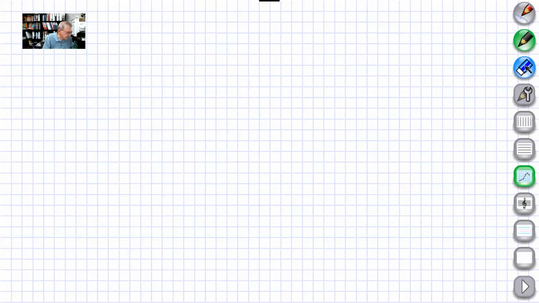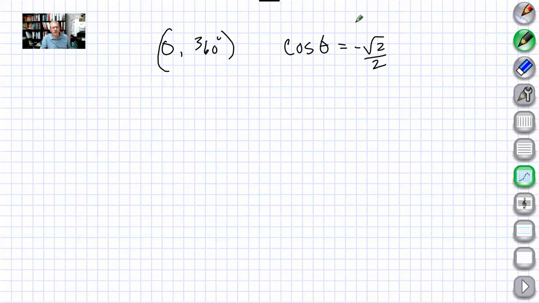Let's look at the very last problem, example 6. It says, find all the values between 0 and 360 where cosine of theta equals negative radical 2 over 2. First of all, this negative sign is telling me that the cosine isn't going to be in the first quadrant or the fourth quadrant.